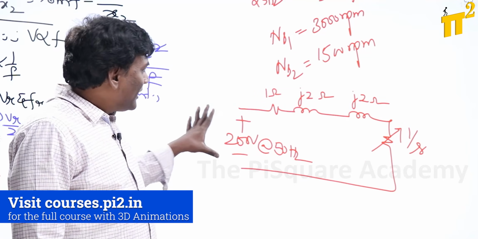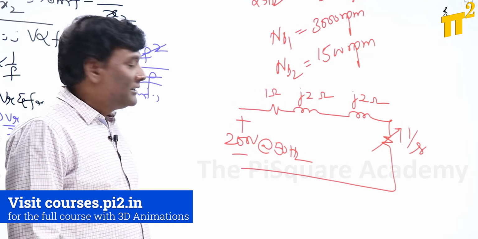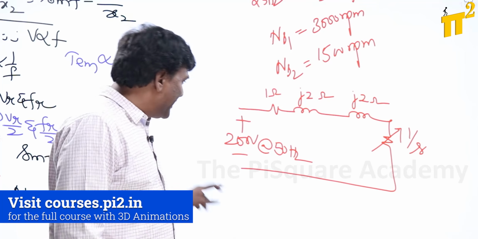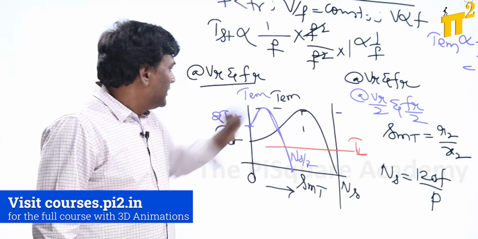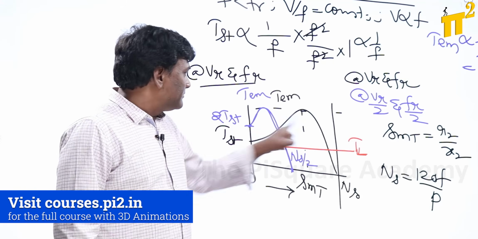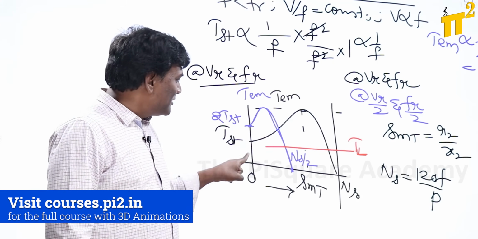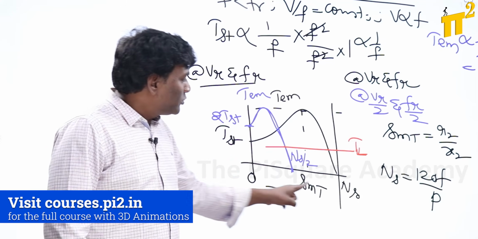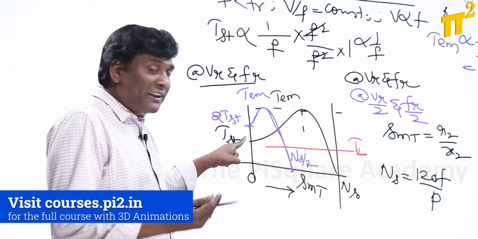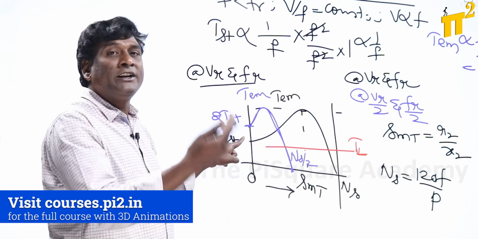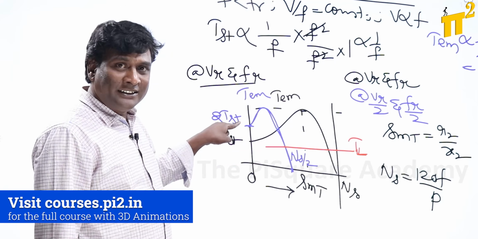They asked one question in such a way that the moment I reduce frequency by maintaining V by F ratio constant, the starting torque is going to be increased or not? Yes. So at rated voltage and rated frequency the starting torque is this. If I reduce voltage to half and frequency to half, starting torque is increased.